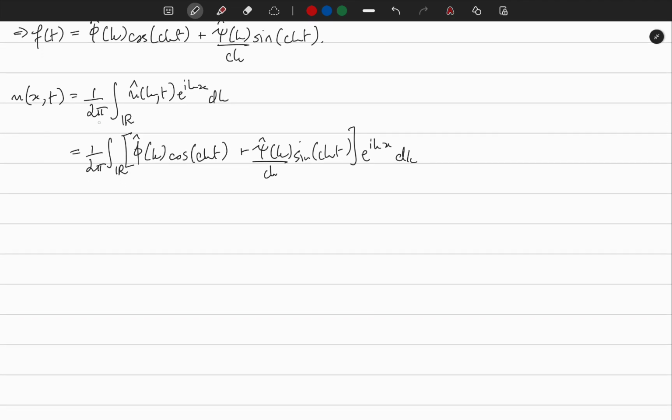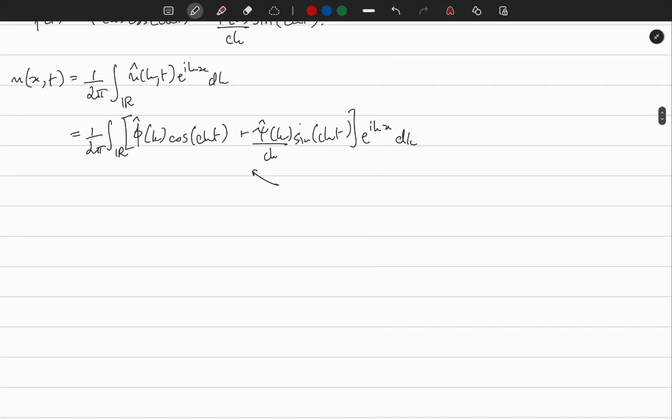Alright. So normally, solving PDEs using the Fourier transform, you're going to end up with this pseudo answer. You're just going to end up with an impossible integral to solve. But luckily in this case, we can use Euler's formula to help us simplify this integral into two integrals, solve them separately, and eventually reach D'Alembert's formula. So let's go ahead and try to do that.